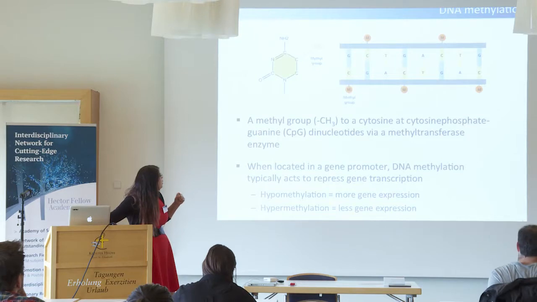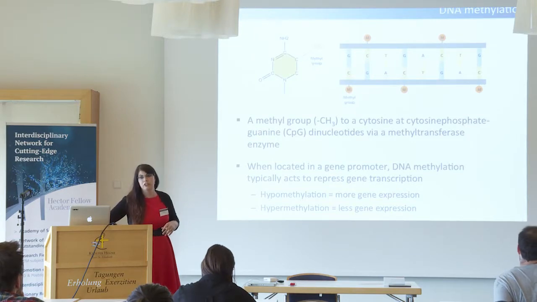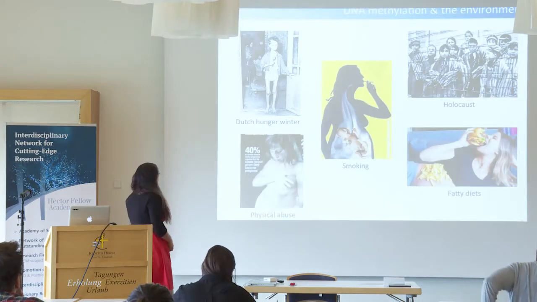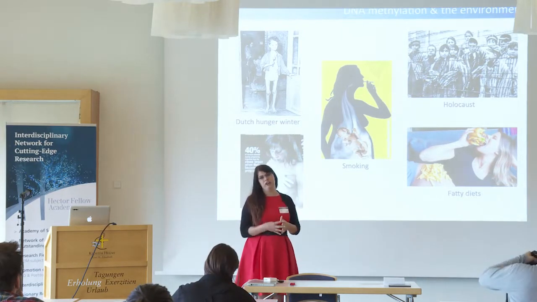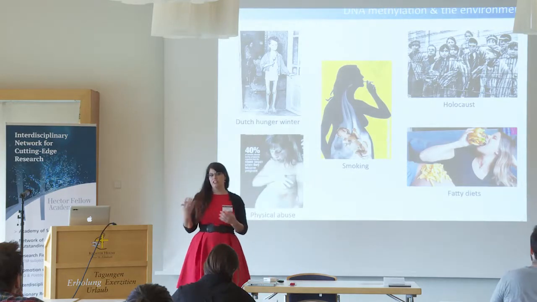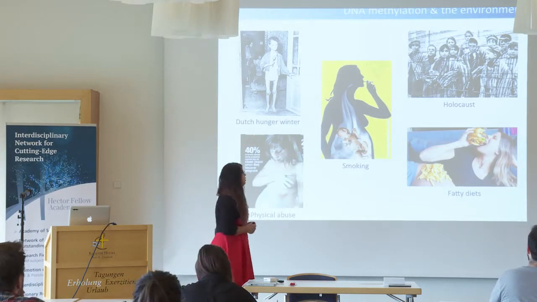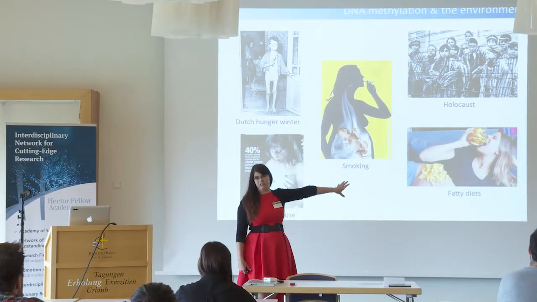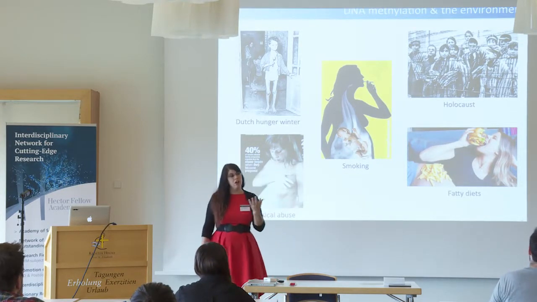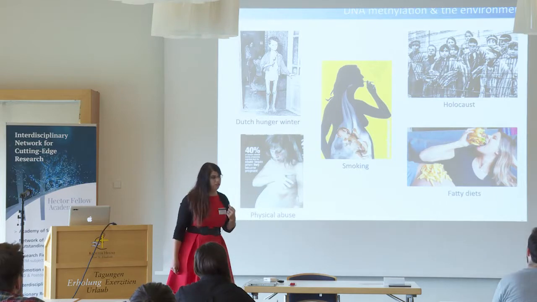There's been a lot of research, especially from what we heard yesterday, about DNA methylation and the environment. We know that hunger is a huge factor, and there have been a lot of links between methylation and hunger. Either being hungry or even very fatty diets can influence the methylation pattern of offspring and the individual.